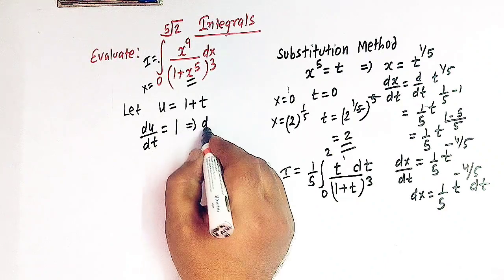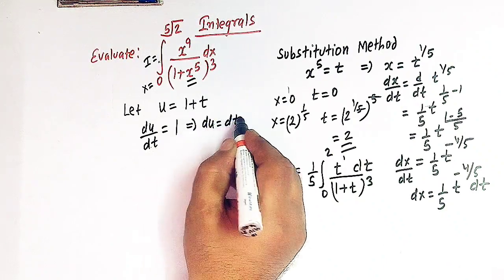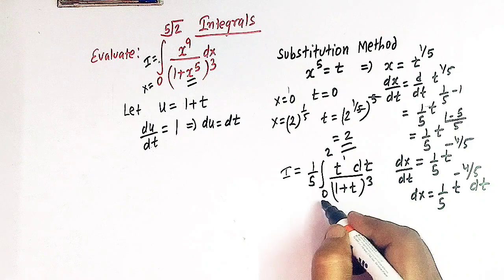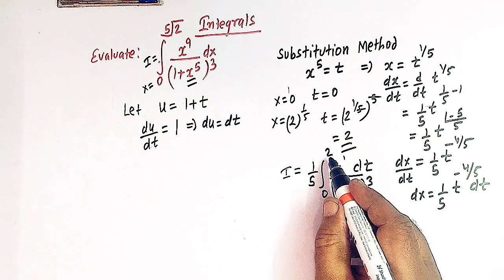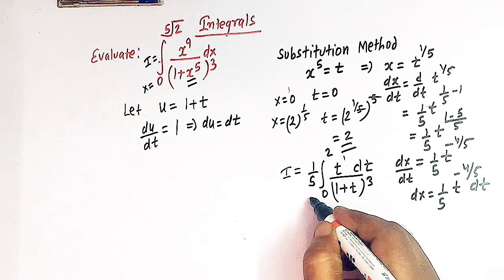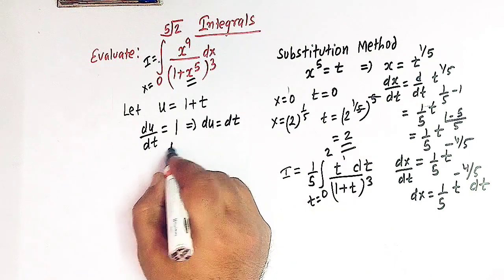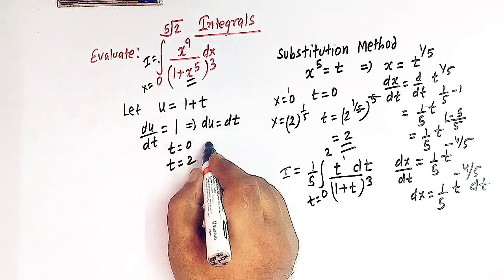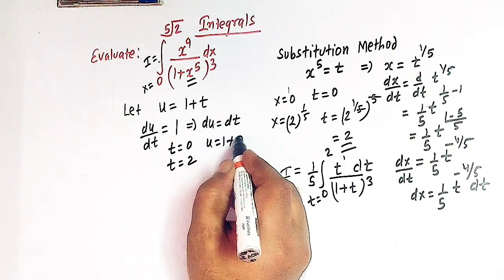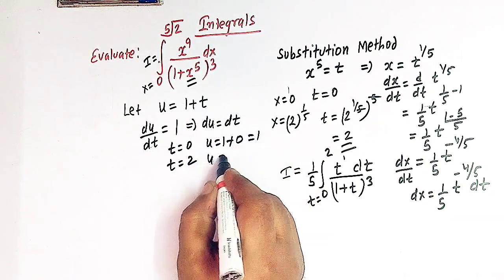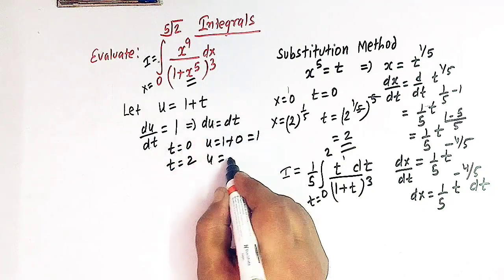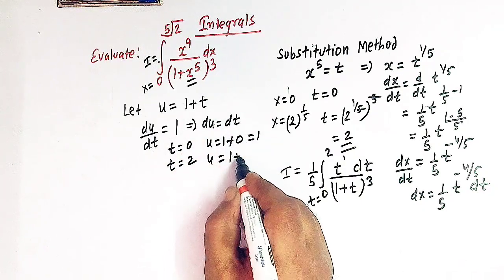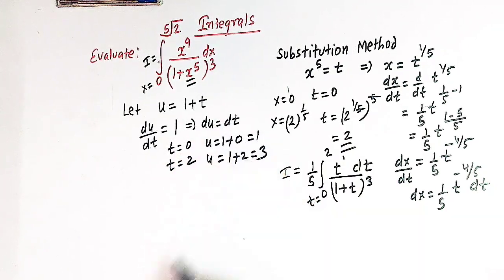So from here we have du is equal to dt, right? And the limits of integration can be changed accordingly. So here t goes from 0 to 2. So when t is 0, the value of u is 1 plus 0, that is 1, and when t is 2, we have u equal to 1 plus 2, that is 3, right?